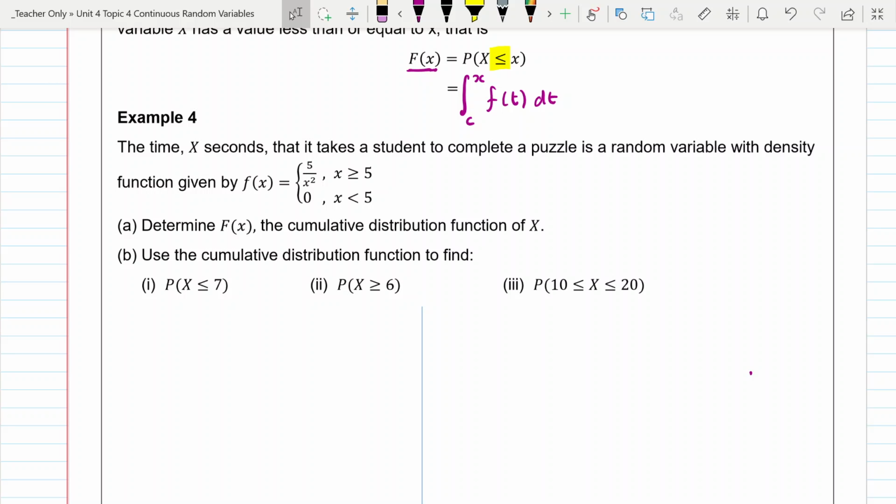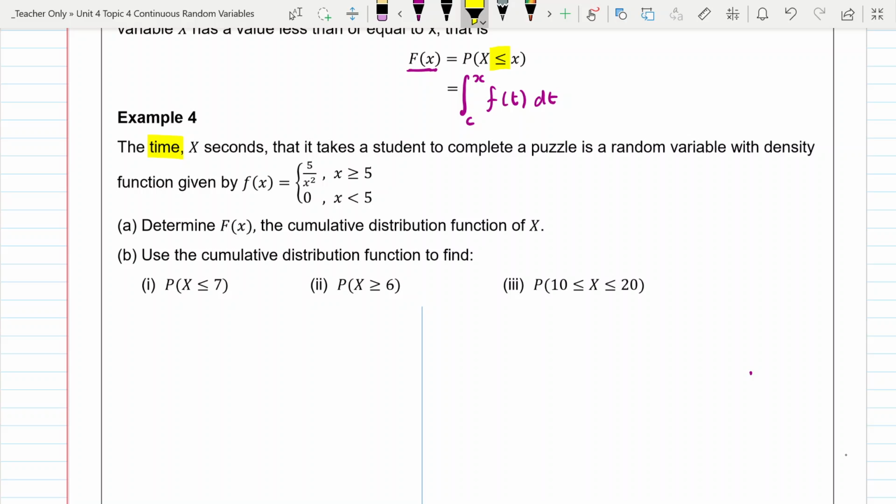Okay, let's do an example of that, and hopefully that'll make a little bit more sense. The time, x seconds. Now time we know is going to be a continuous random variable. So here again you're going to be thinking to yourself, is this discrete? Is it continuous? Okay, so we know that that's continuous.